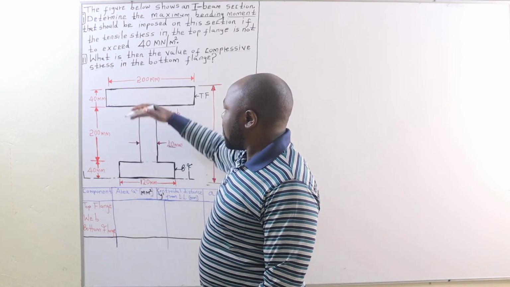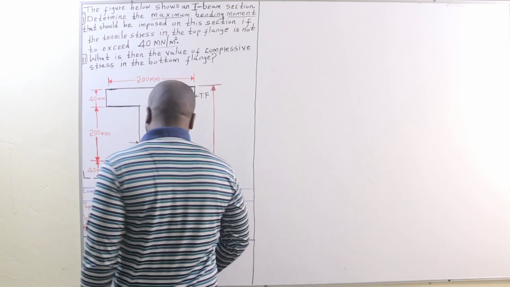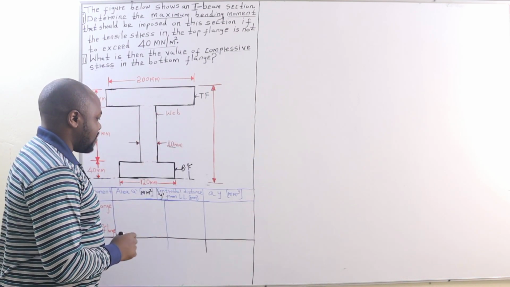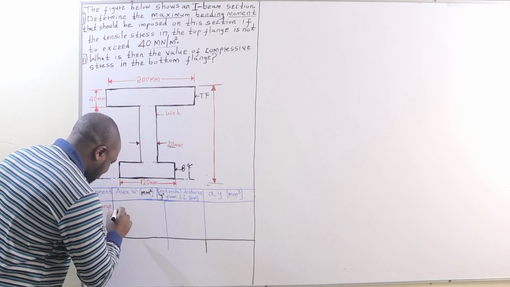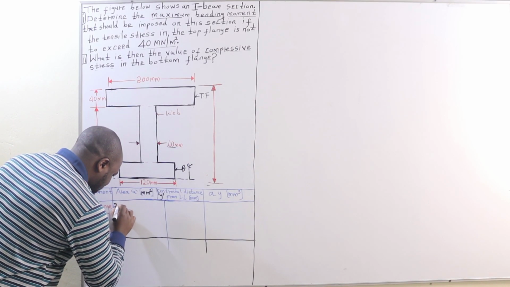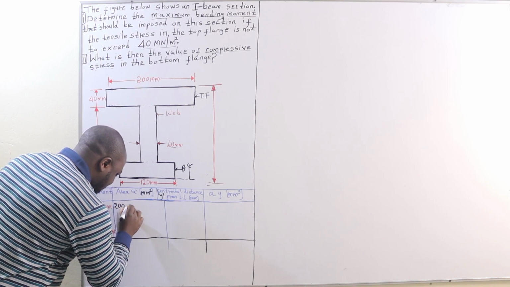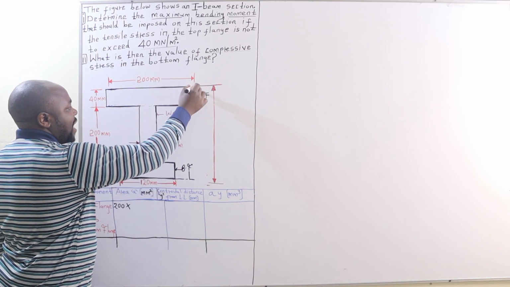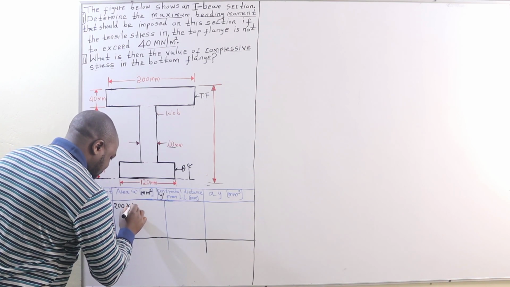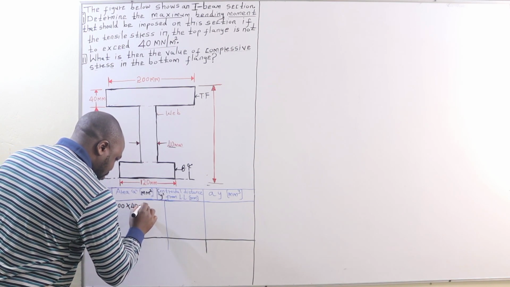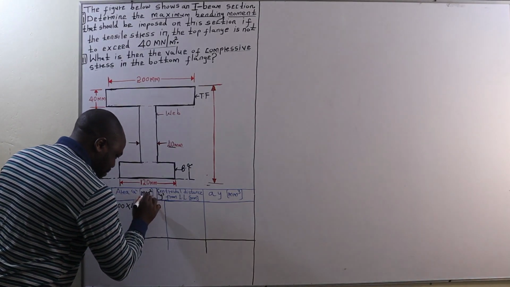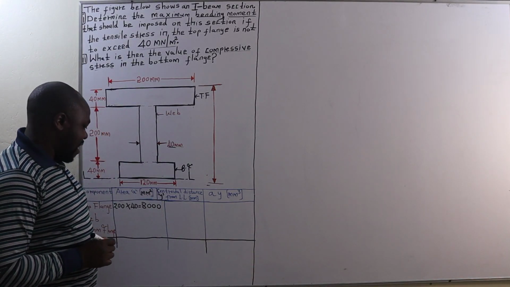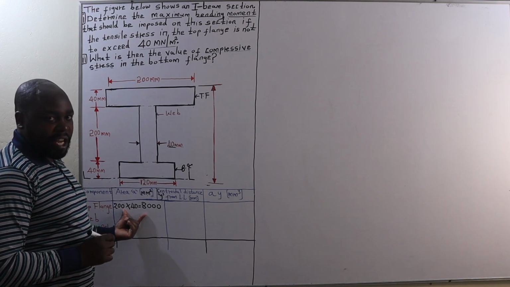For example, the area of the top flange is going to be the breadth of 200 millimeters times a depth of 40 millimeters, which is going to give us 8,000 square millimeters. Therefore, that is the area of the top flange.